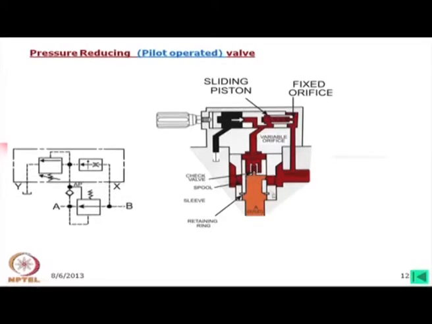Now, how does it operate? In this case, as you see, this is inlet, okay, and this is the reduced outlet, and this oil is going through this, and also from the inlet side going to this pilot stage, which is controlled by this knob, and then this area here varies to give this outlet flow.